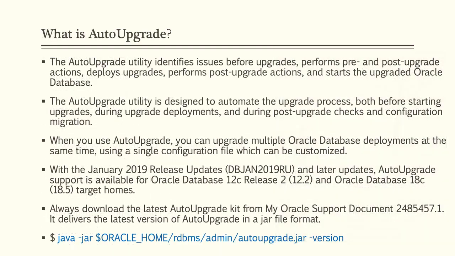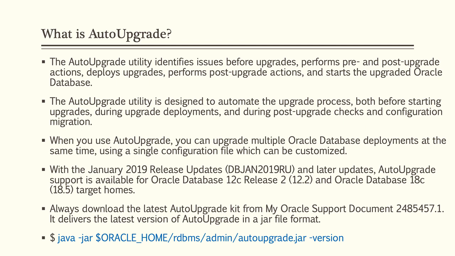So let's get directly into the discussion of what the auto upgrade utility is. In short, an auto upgrade utility is a tool that Oracle developed, a Java tool. It comes in the form of a jar file. So this utility identifies issues before you do upgrades.